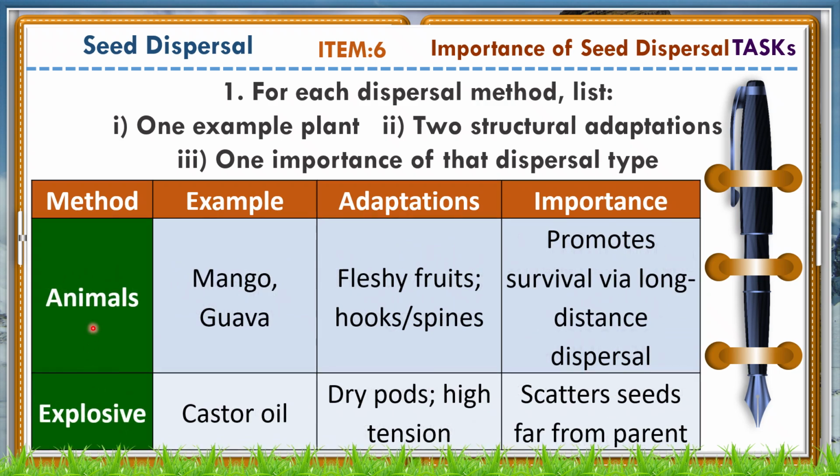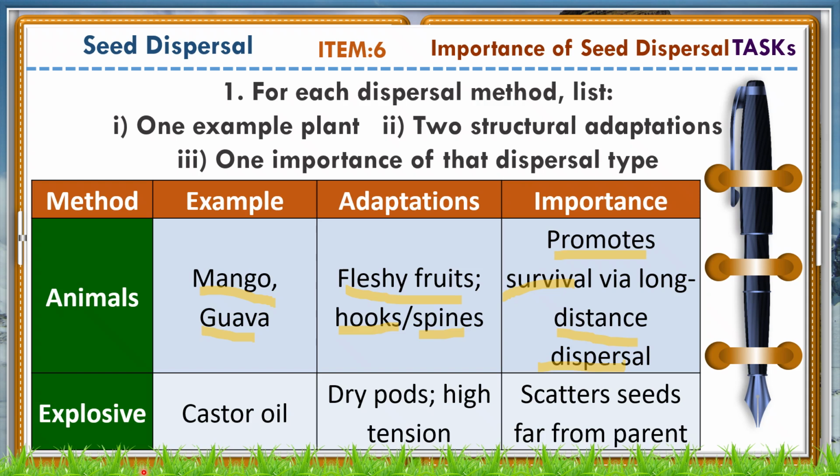Another method is by animals. Examples, we have the guavas and the mangoes. Adaptation, they are fleshy fruits. They have hooks or spines. Importance, it promotes survival via long distance dispersal.